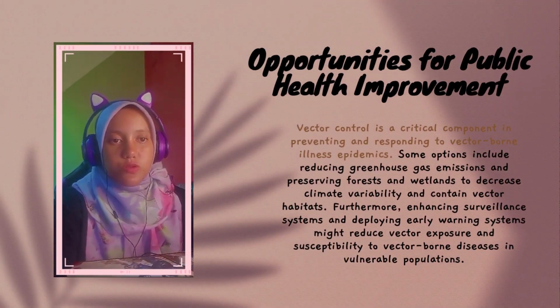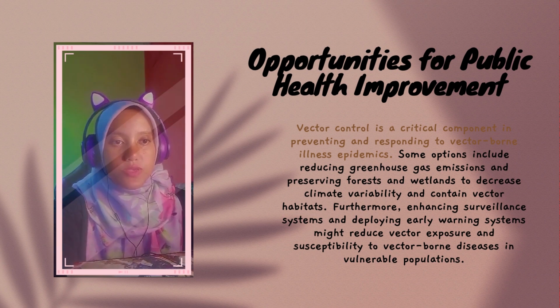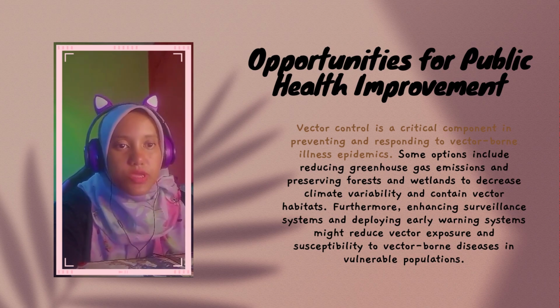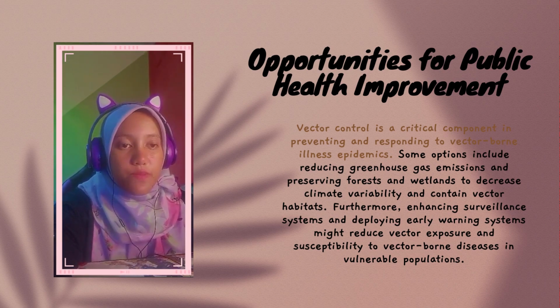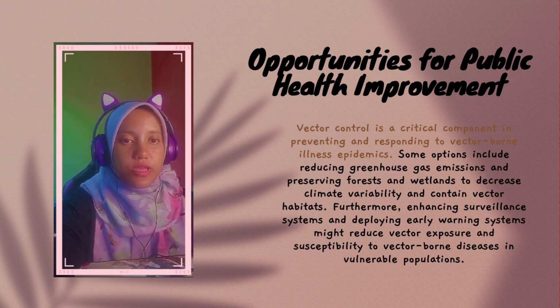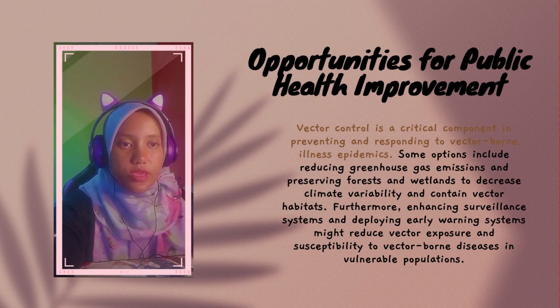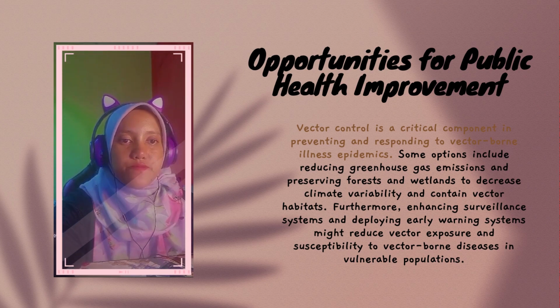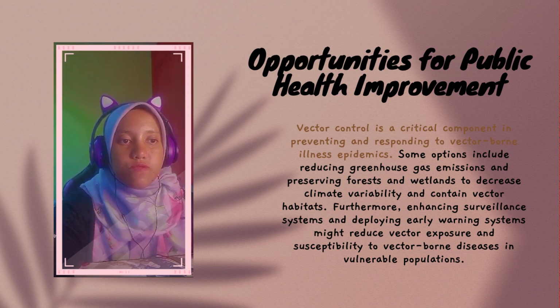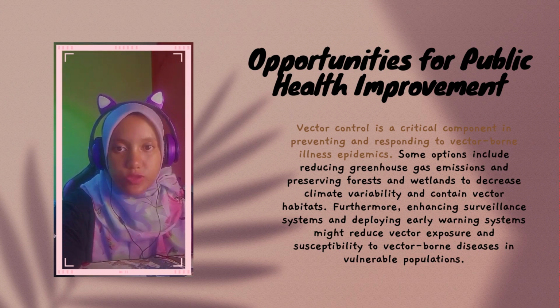Some options include reducing greenhouse gas emissions and preventing forest and wetland loss to decrease climate variability and contain vector habitats. Furthermore, enhancing surveillance systems and deploying early warning systems might reduce vector exposure and susceptibility to vector-borne disease in vulnerable populations.